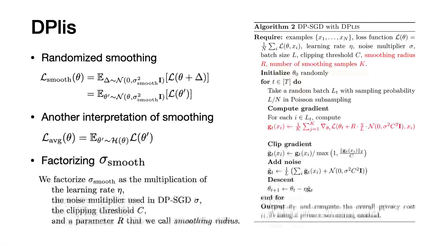And of course, empirically, we can only approximate the expectation with finite sampling. On the right, we have the pseudocode for DPSGD with DPlis presented. All DPlis does is to tailor the original loss to a smooth version that works potentially better with DPSGD.